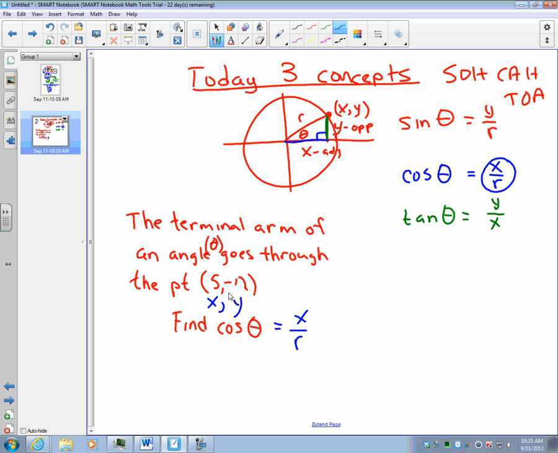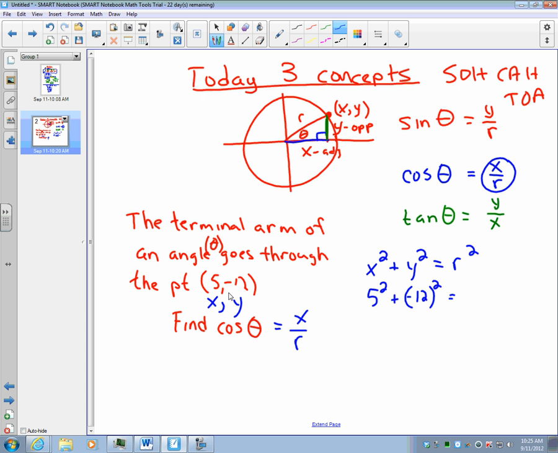So you're going to use that a lot today. So that means x squared plus y squared will equal r squared, right? We're looking for the longest side, so that means we add the squares that we know. Remember that? So it's going to be 5 squared plus negative 12 squared. Don't forget, when you square a number, it's always positive, right?